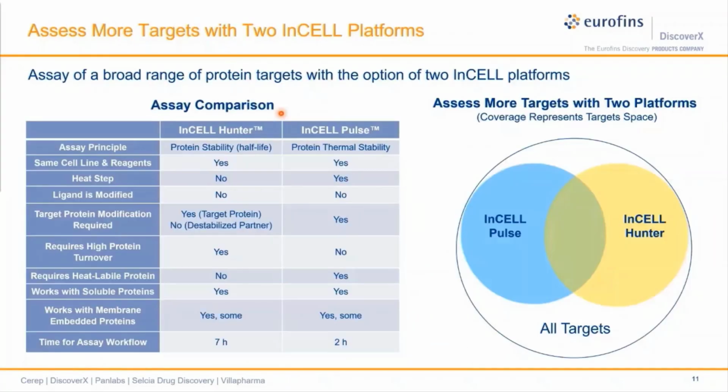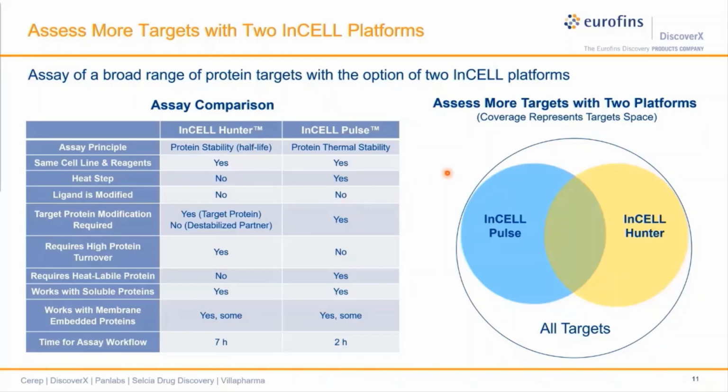This table compares various attributes of the InCELL Hunter and InCELL Pulse assays. Again, the main differences are whether they are built upon physiological turnover or thermal denaturation of the target protein, and differences in compound incubation time. The choice between InCELL Hunter or InCELL Pulse assay is typically made empirically during assay development.